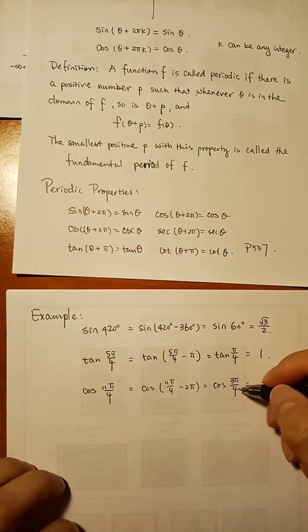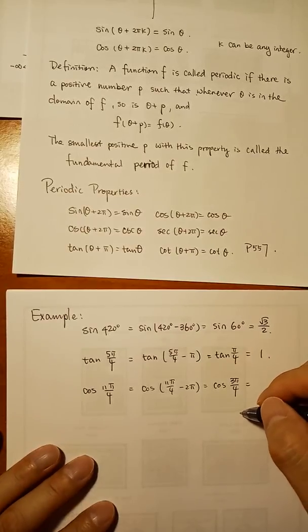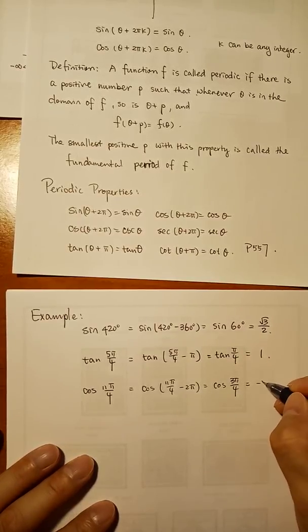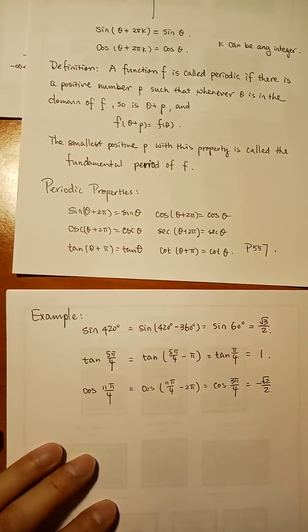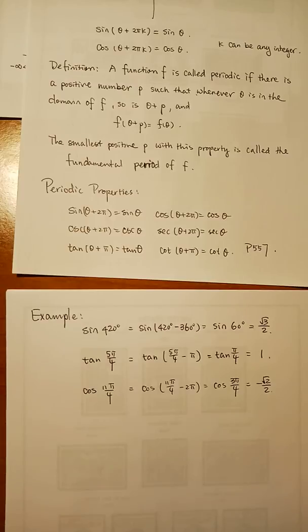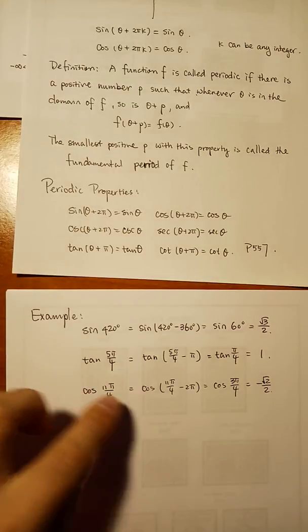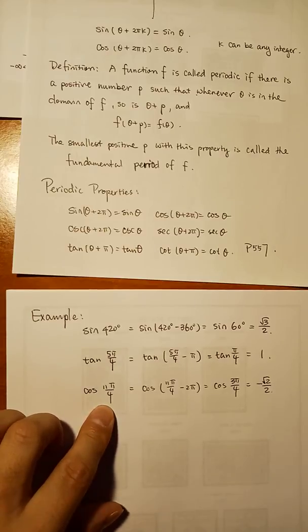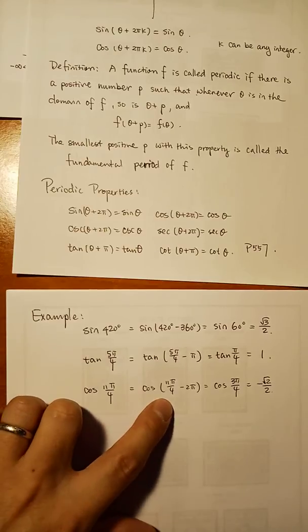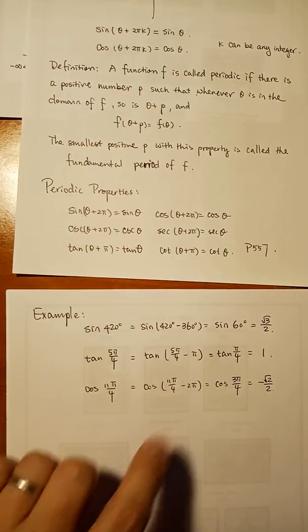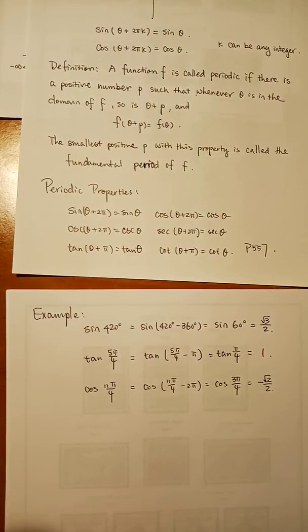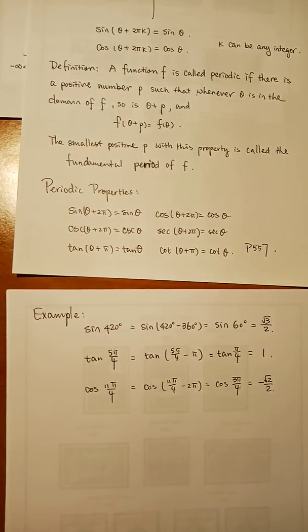If you check the table, cosine of 3 pi over 4 is negative square root of 2 over 2. So this is a way to transform the large angle into the proper domain, so that you can recall the angle values.